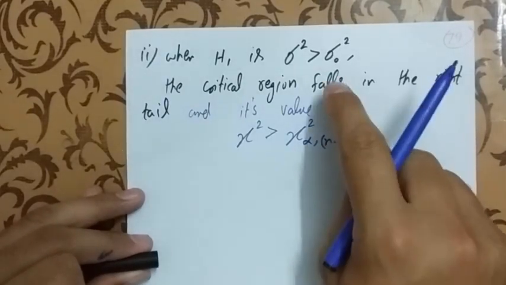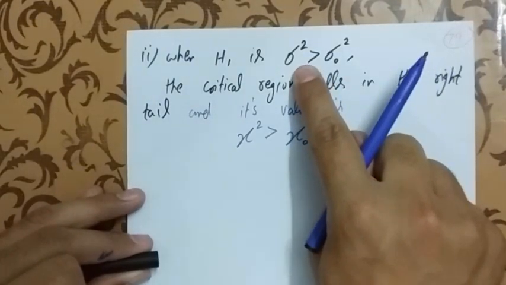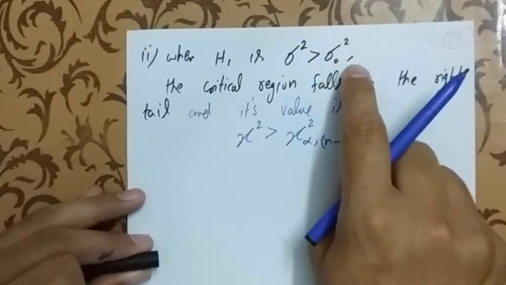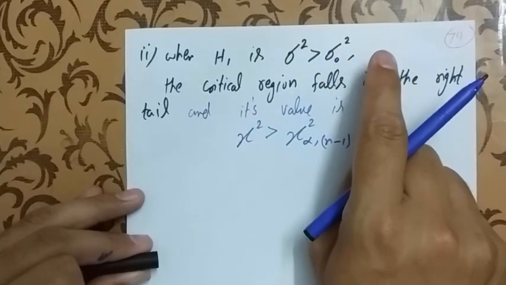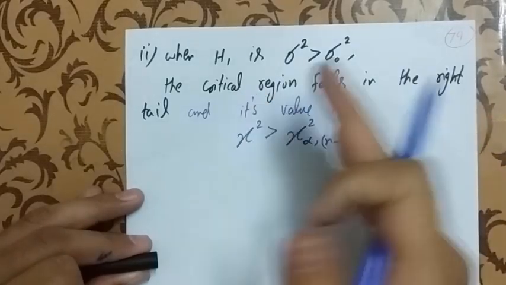Dear students, when sigma square is greater than sigma naught square, this is the alternative hypothesis, then the critical region falls in the right tail.